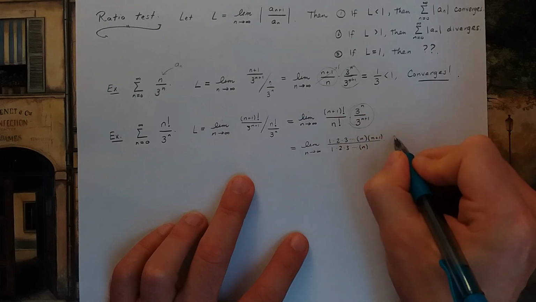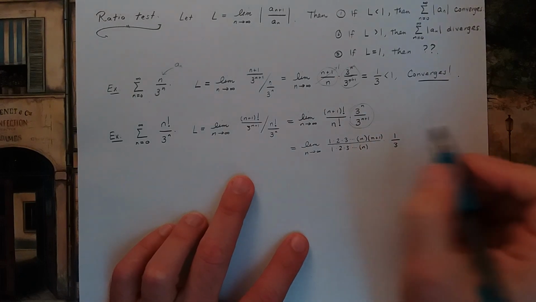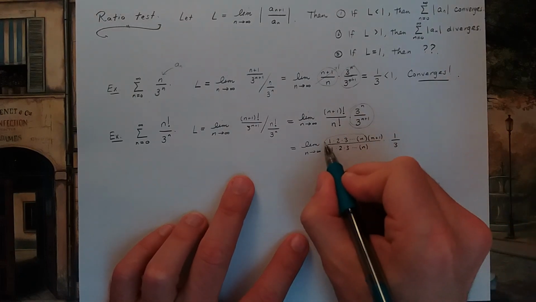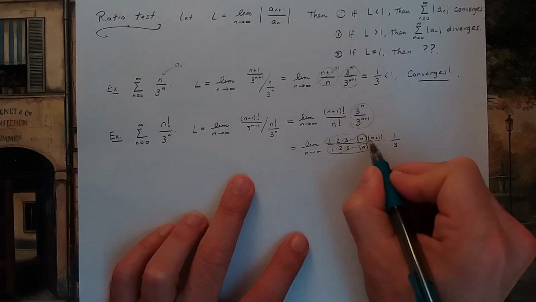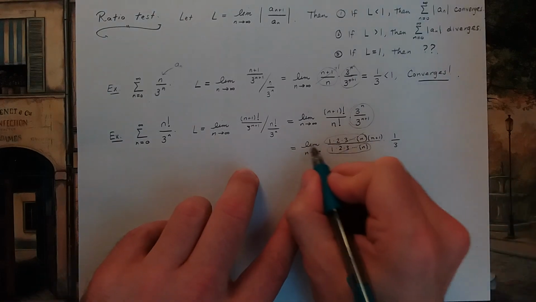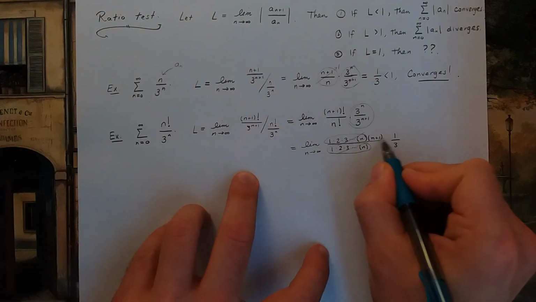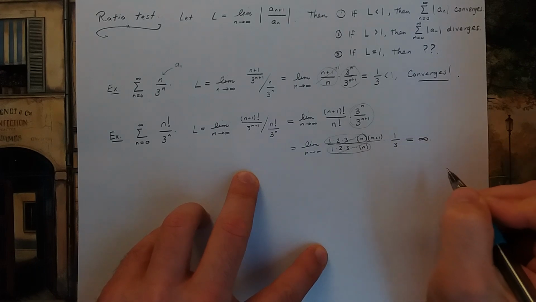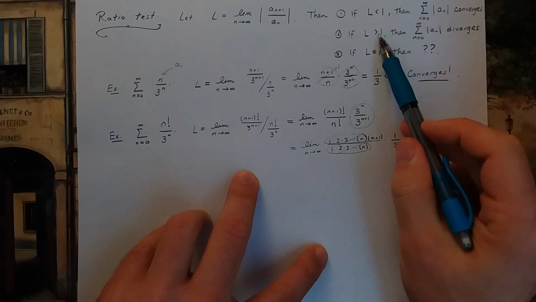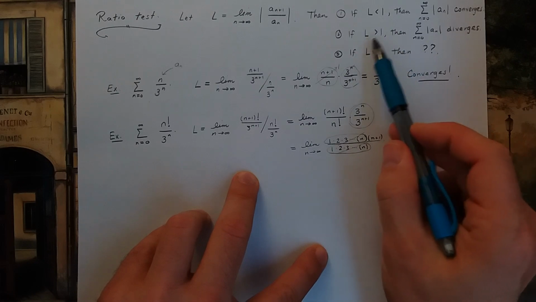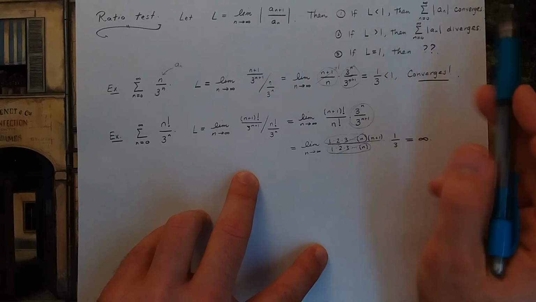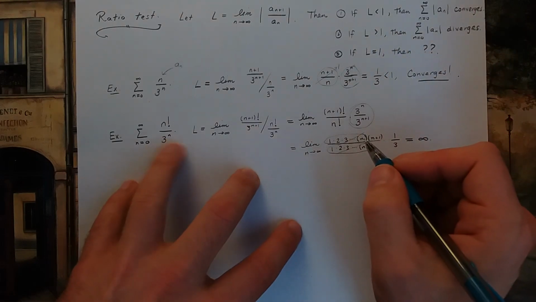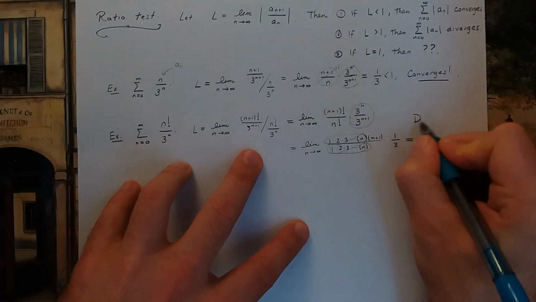And I still have this 1/3 term. Now, all of these terms cancel with all of these terms, leaving n plus 1. So I have the limit as n goes to infinity of n plus 1 over 3. That's infinity. That's case 2 here. The limit is bigger than 1. So my original sum diverges.